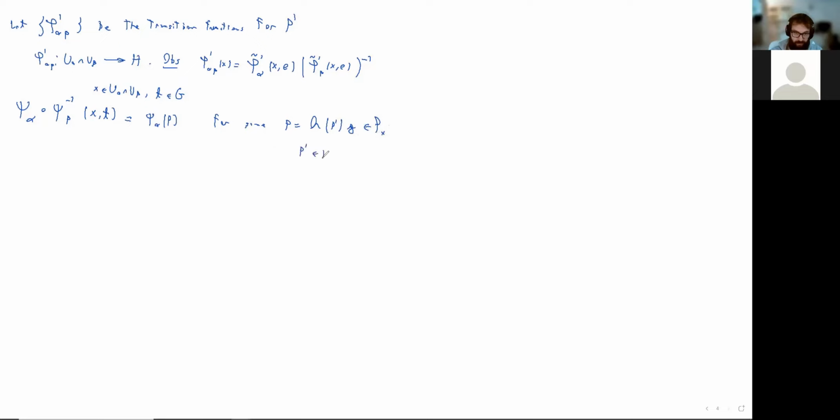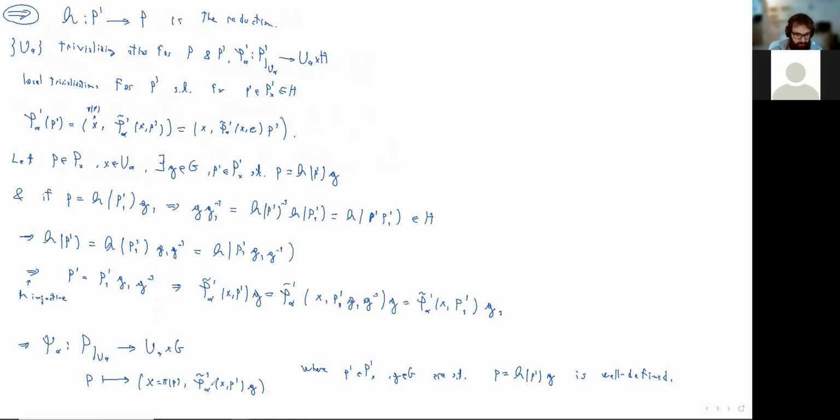P prime is in P prime x, and g is in G. There's going to be some p here, and this p is just the preimage under psi beta of xt. But why did I want it expressly? Because by the way psi alpha is defined, this is nothing but phi alpha tilde prime of x p prime g. Okay, this is just the definition of psi alpha.